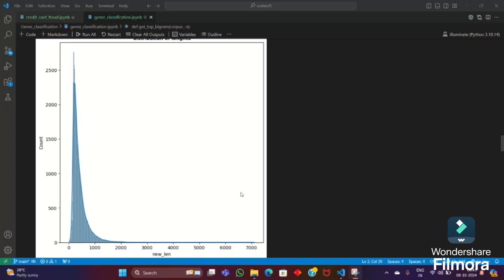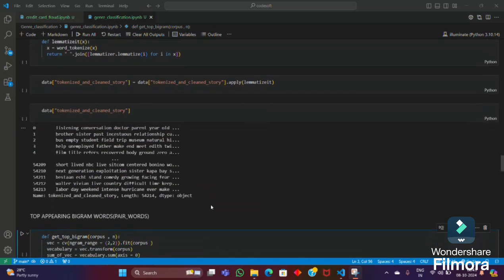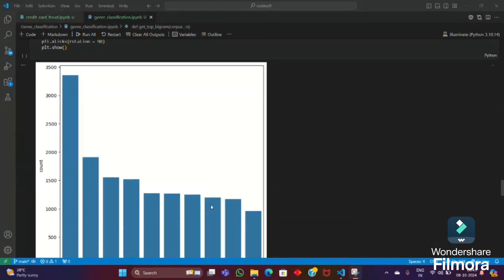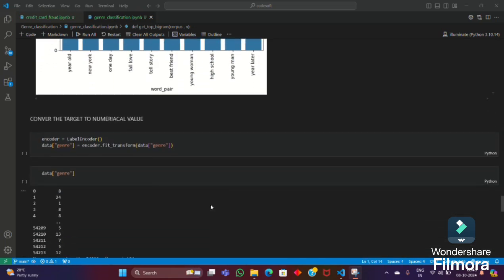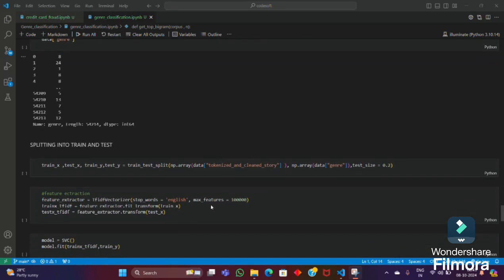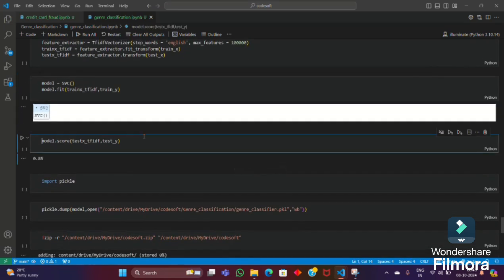From this we can understand most of the story lengths are between 0 and 1000 words, and I also plotted the top appearing bigram words, which is helpful for me to understand the word occurring order, and I converted the target into numerical values, and then I fitted it into my SVC, which is a support vector classifier, and I did some predictions, which gave an accuracy of 85 percent.